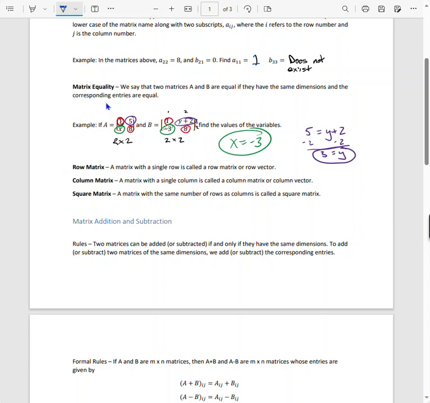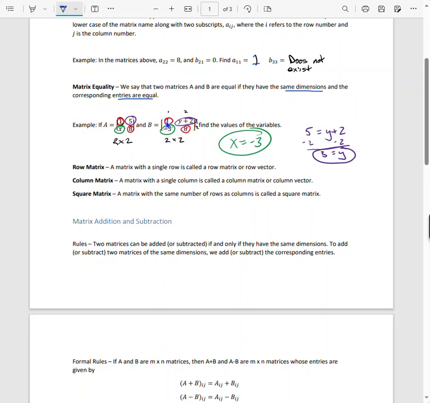All right, let's talk about matrix equality. We say that 2 matrices, A and B, are equal if they have the same dimensions and corresponding entries are equal. Now, if matrix A is the matrix 1, 5, second row, x, 8, and that's usually how I'll say a matrix out loud: I'll say the first row and then let you know when the next row starts.